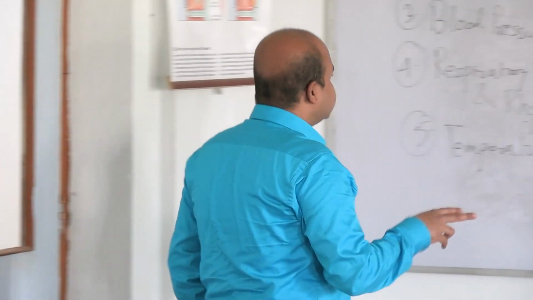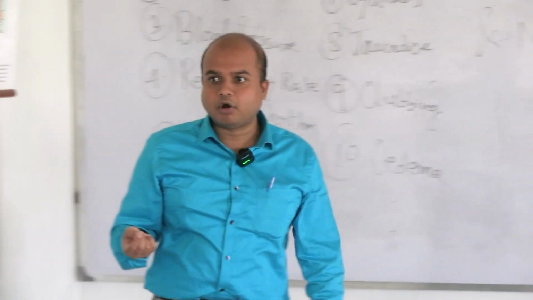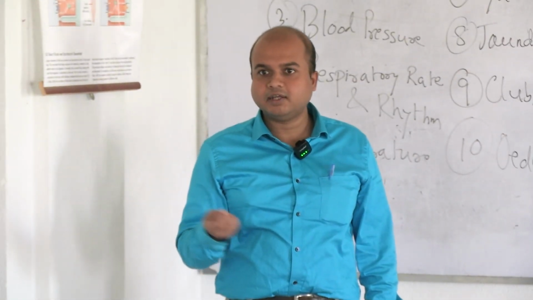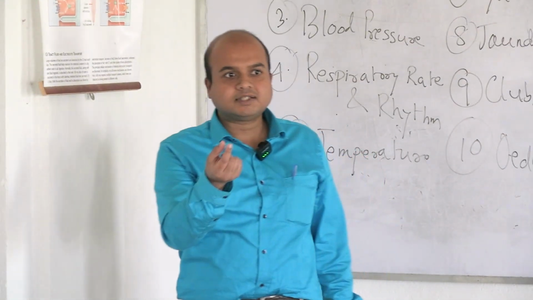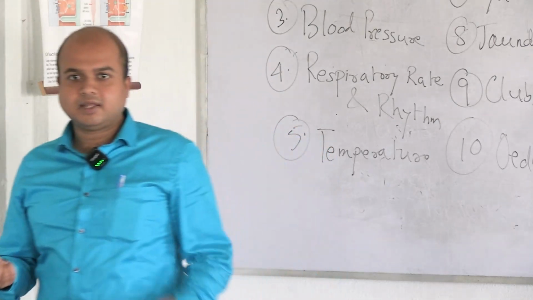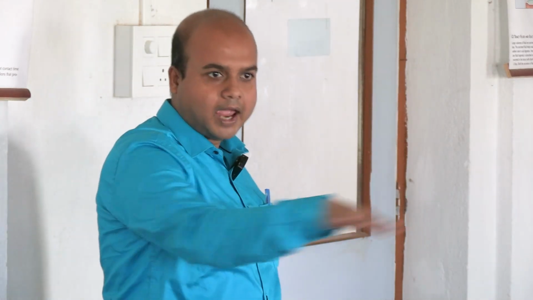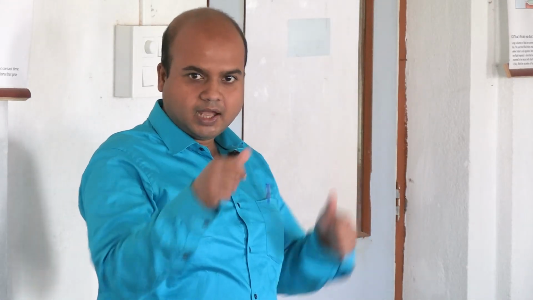So, pallor, cyanosis, jaundice, clubbing, edema. You have already heard about edema in CVS. That means accumulation of fluid in the interstitial spaces. Now, this has to be shown with the patient lying down, over the medial malleolus.